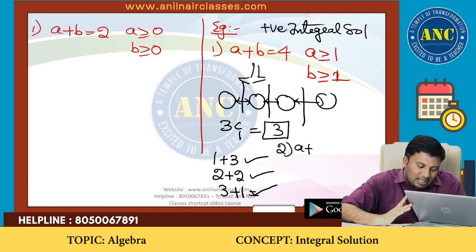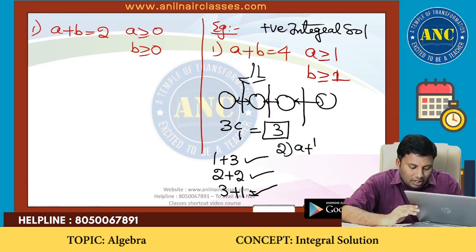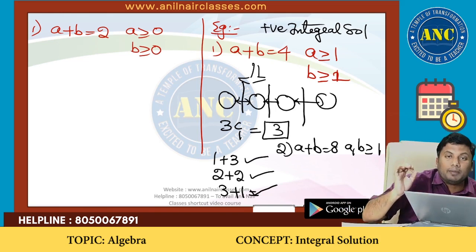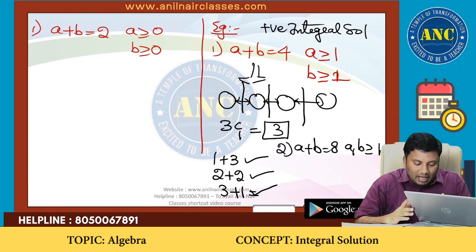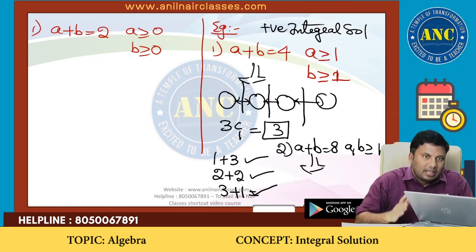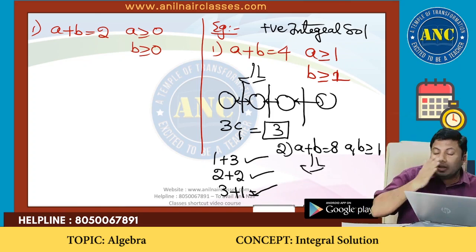One more question, I will do it. Listen carefully. Write down in the same order. a plus b is equivalent to 8, a, b greater than or equal to 1. If the variables are starting from 1, then the concept is very easy. If a plus b is equivalent to 8, 8 balls are written in a line.